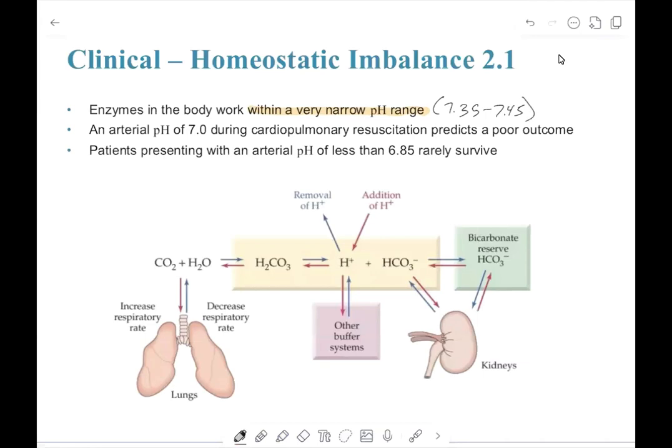So if our pH was out of this range, those enzymes would no longer work. So an arterial pH of 7 is very bad. And if someone's doing CPR, that would produce very poor outcomes. And at less than 6.85, they rarely survive.